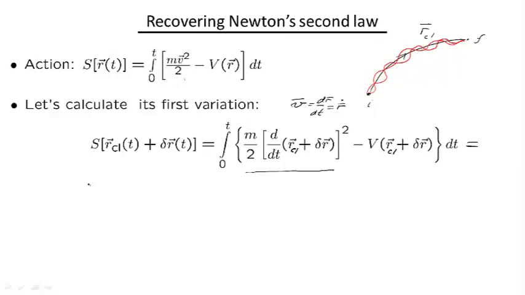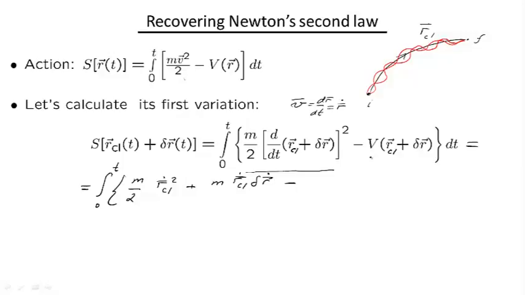In the kinetic energy part, we have m over 2 classical velocity squared plus the linear term, which comes from 2 r dot dr, so m over 2 times r classical dot plus dr dot, squared.